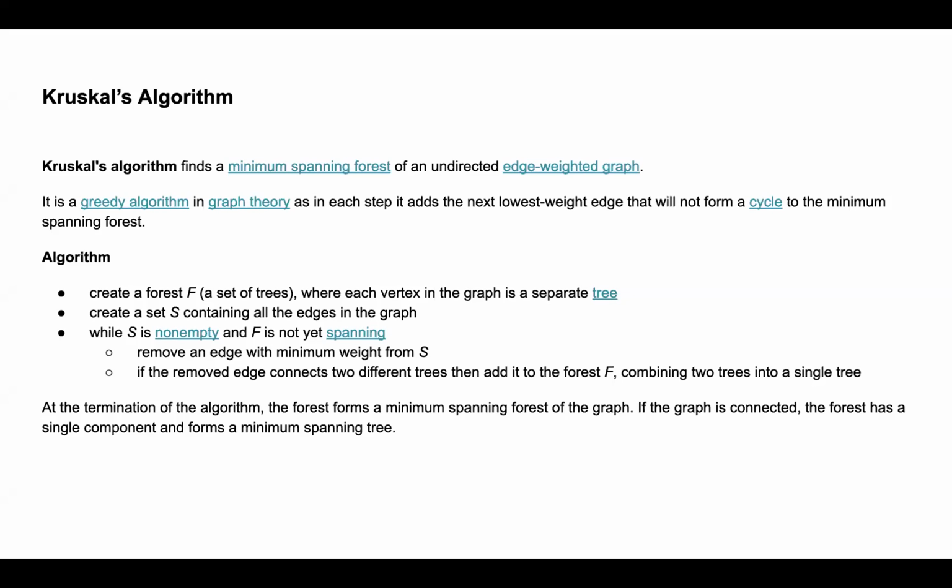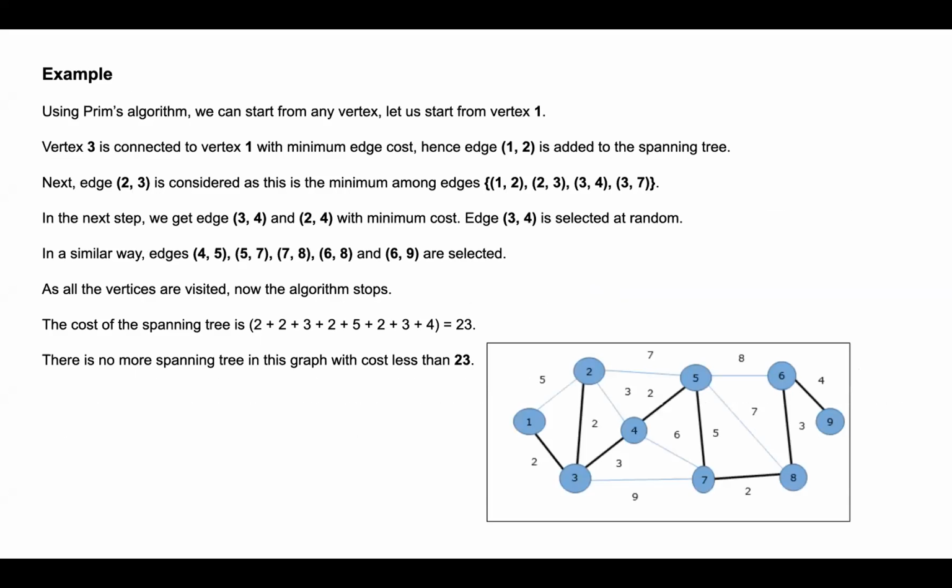It will consider the edges which have the lowest edge weights. It is not starting with any particular vertex. In Prim's algorithm we start from one vertex, but in Kruskal's algorithm we are not considering the nodes or vertices, we are directly dealing with the edges.